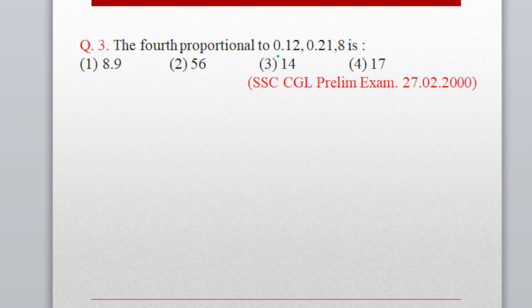The fourth proportional to 0.12, 0.21, 8 is dash. Now here we have numbers 0.12 is to 0.21, is to 8 is to x.